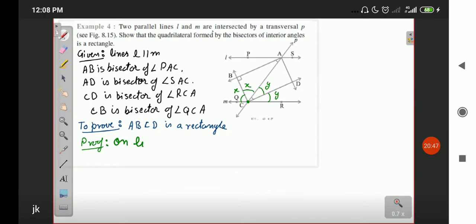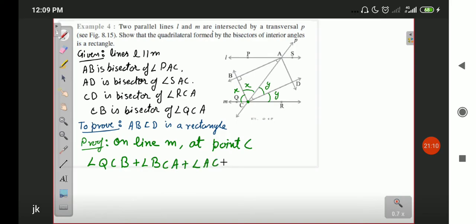on line M at point C. What is happening at point C is angle QCB plus angle BCA plus angle ACD plus angle DCR are all equal to 180 degree.